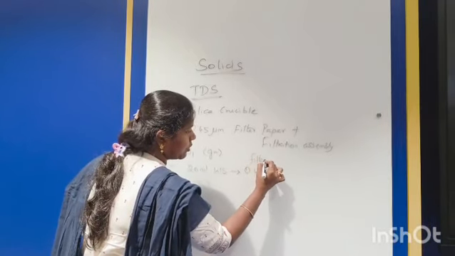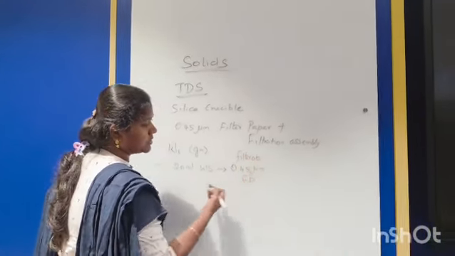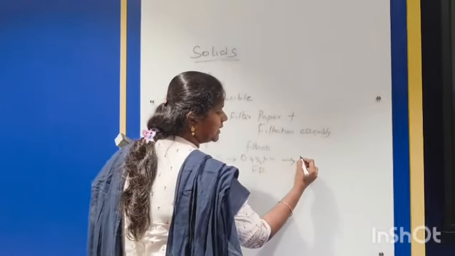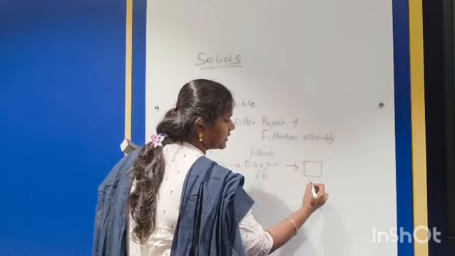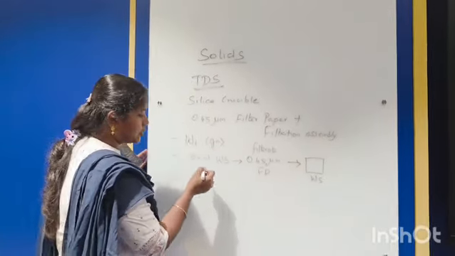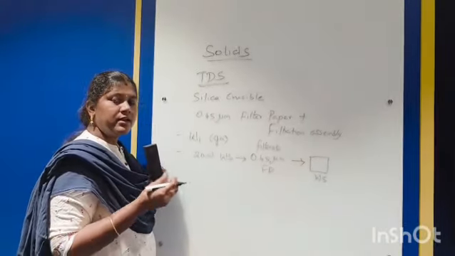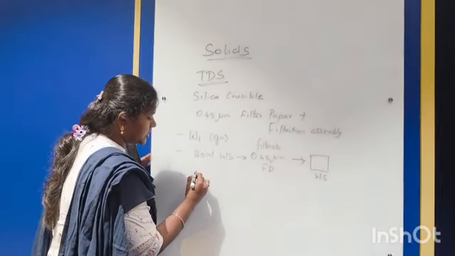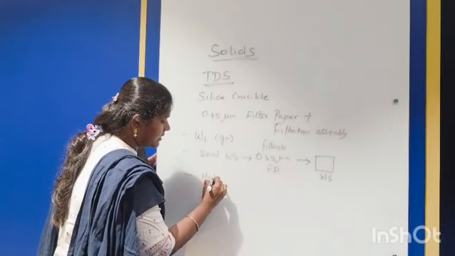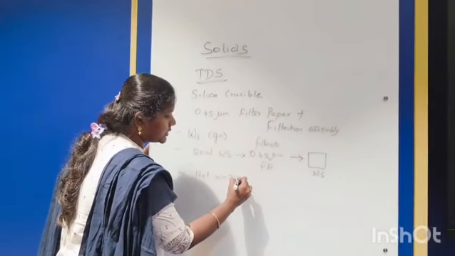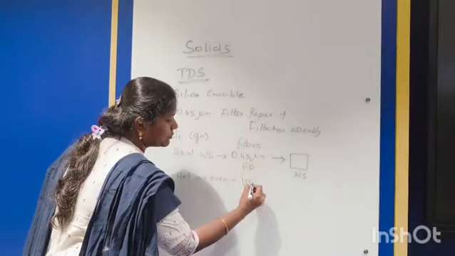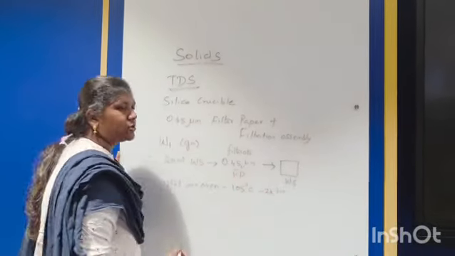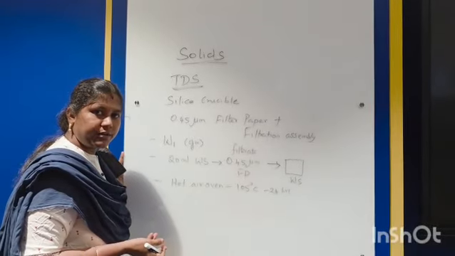After filtration, we take the filtrate alone, the filtered water sample, and keep it in the silica crucible, following the previous procedure. If it is in a hot air oven, the same temperature for the same hours, 105 degree temperature for 24 hours, so that the water will be evaporated.